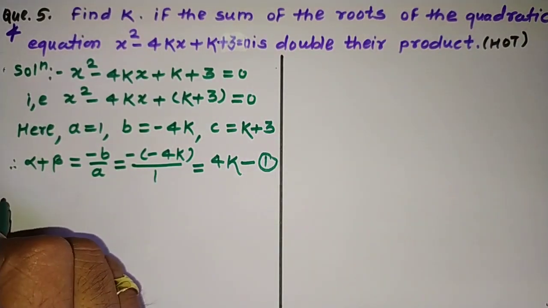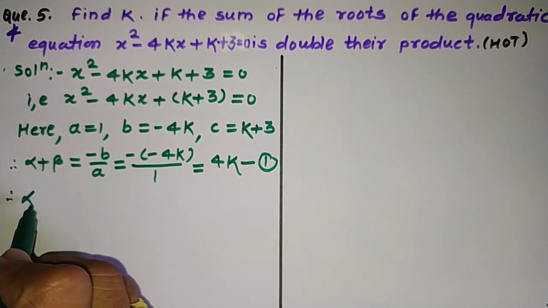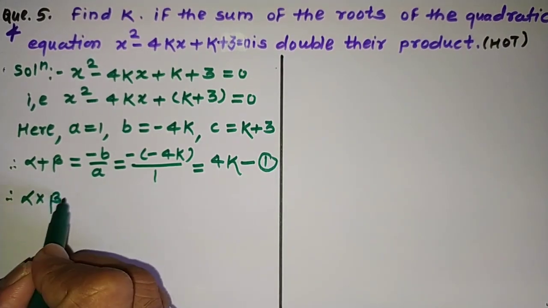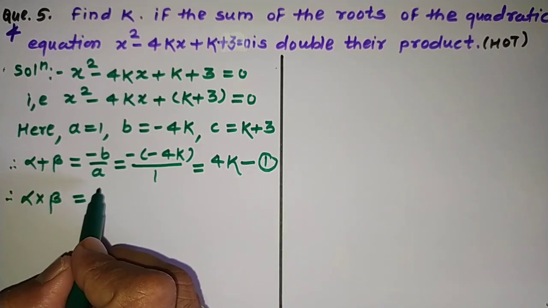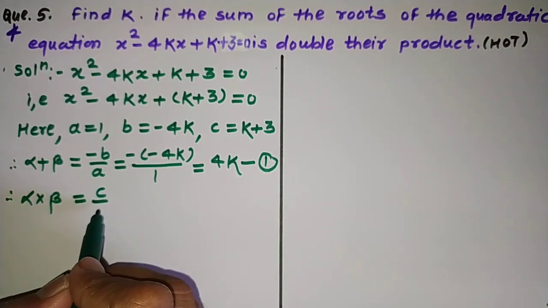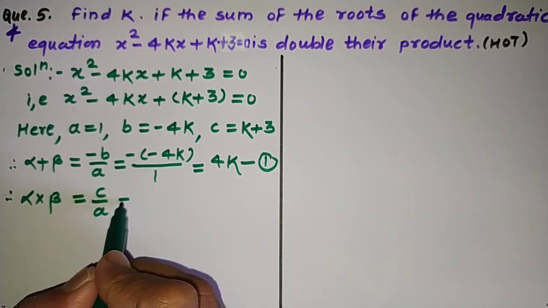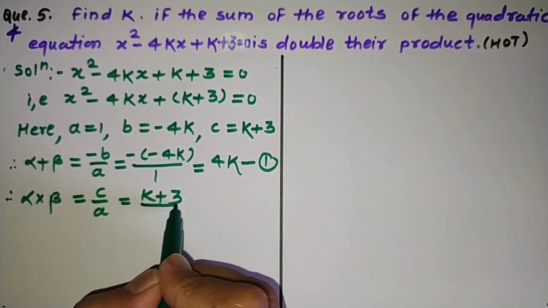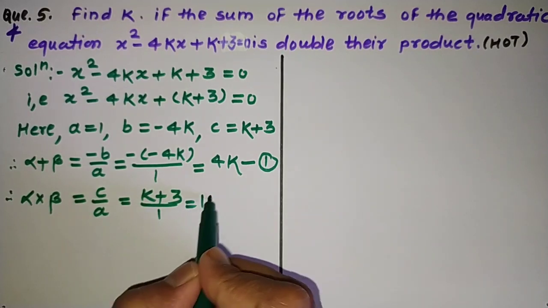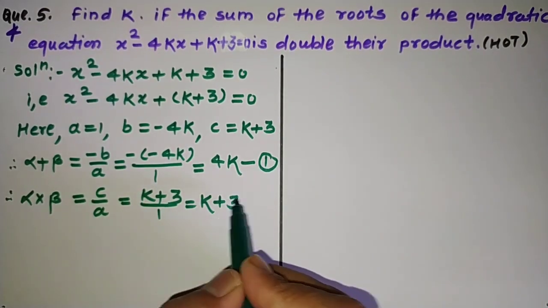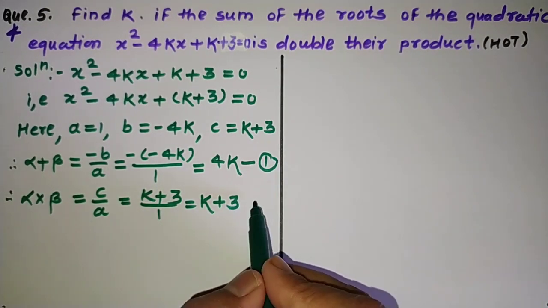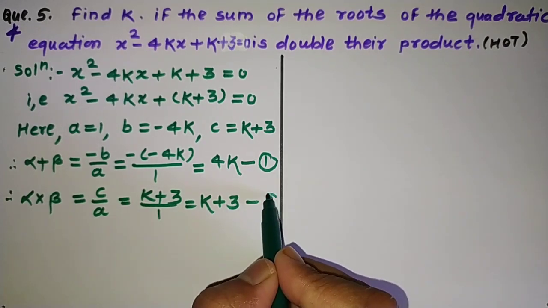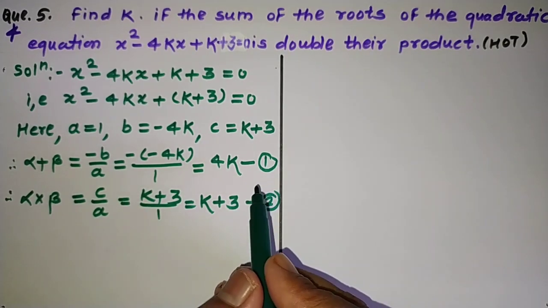And the product of two roots alpha into beta is equal to c upon a. The value of c is equal to k plus 3 upon 1. Therefore alpha beta is equal to k plus 3. This is the second equation.